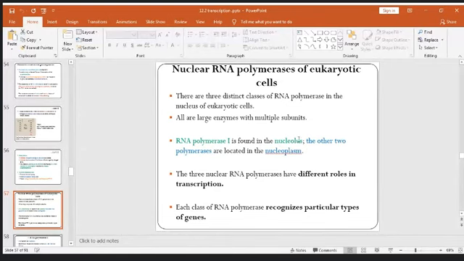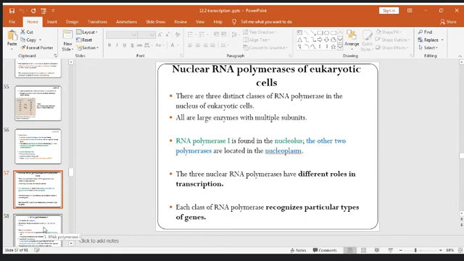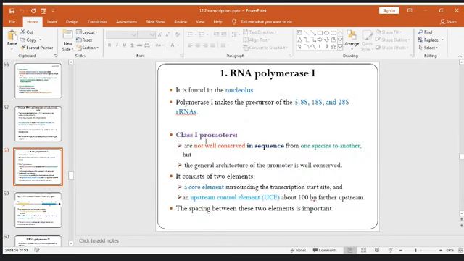The nucleolus is the region where the rRNA transcription is taking place. And the other two polymerases are located in the nucleoplasm. The three nuclear RNA polymerases have different roles in the transcription in eukaryotic cells. Each class of RNA polymerase recognizes a particular type of the genes which are present in the parental DNA strand.